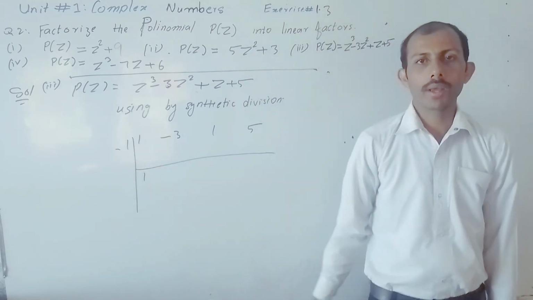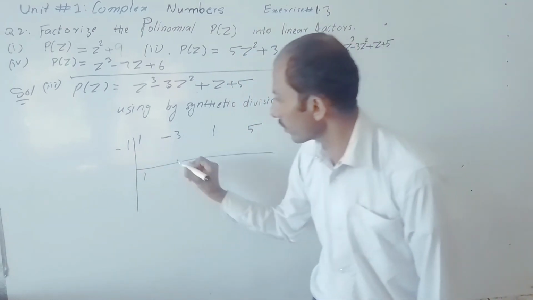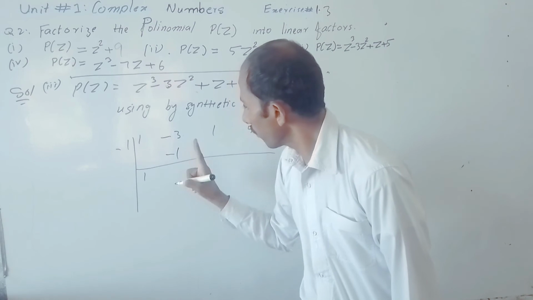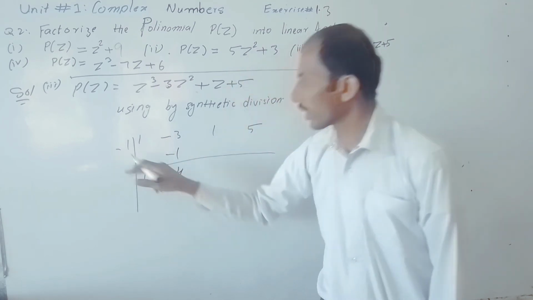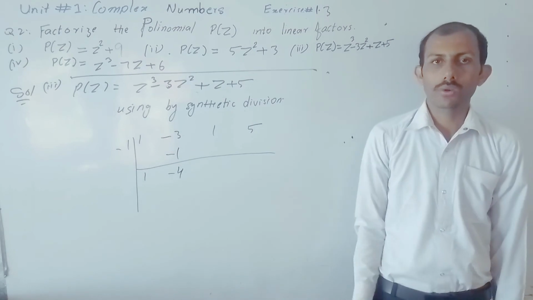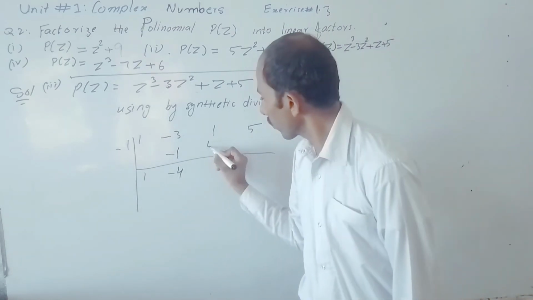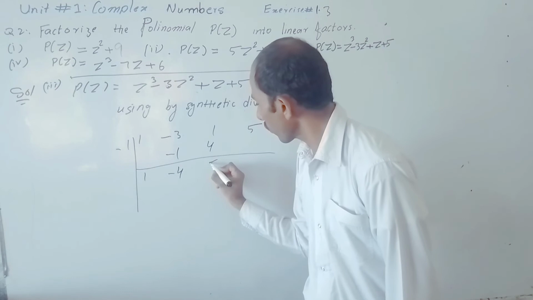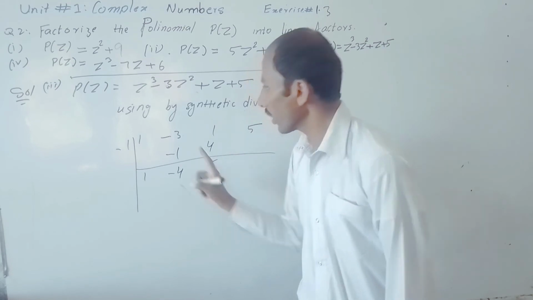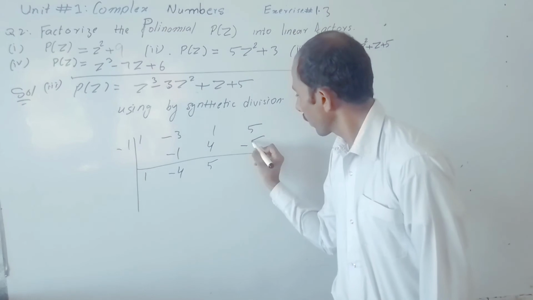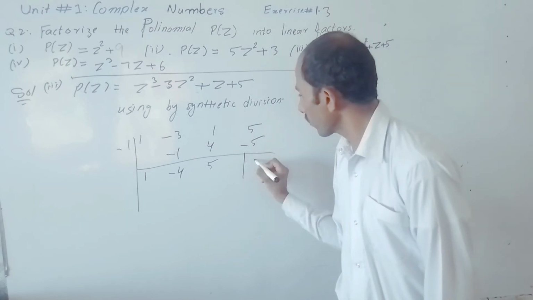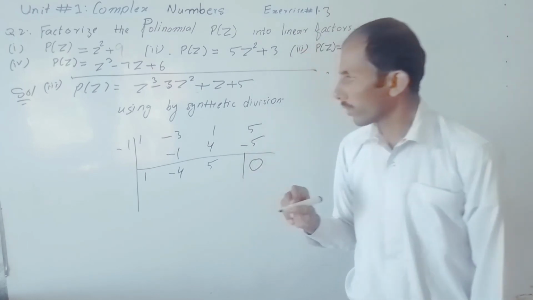So 1 multiply minus 1 is equal to minus 1, minus 1 minus 3 is minus 4. So minus 4 multiply minus 1 is equal to plus 4. So 4 plus 1 is equal to plus 5. 5 into minus 1 is equal to minus 5. So minus 5 plus 5 is equal to 0.